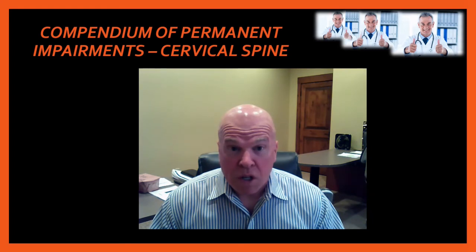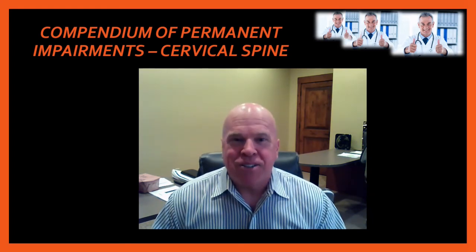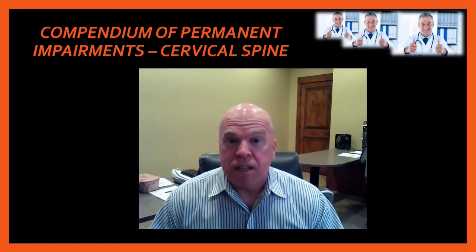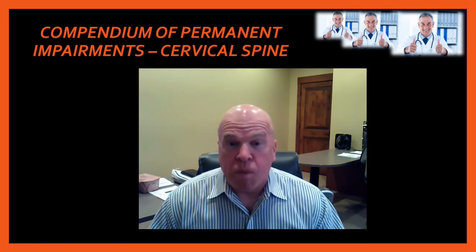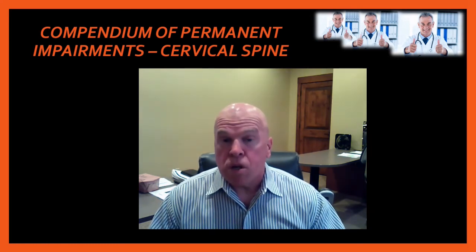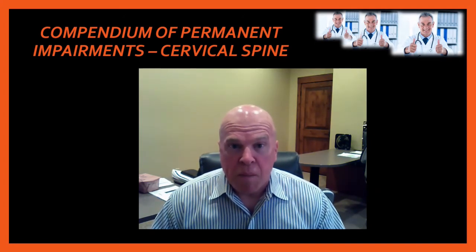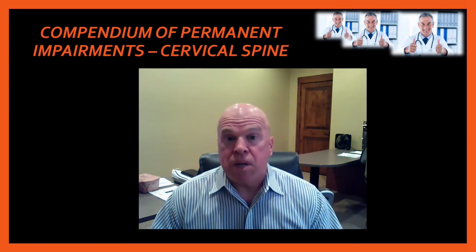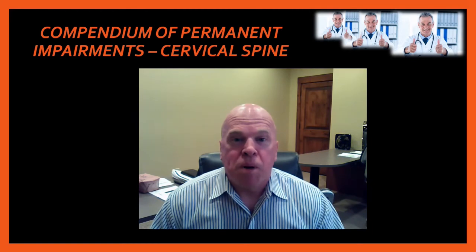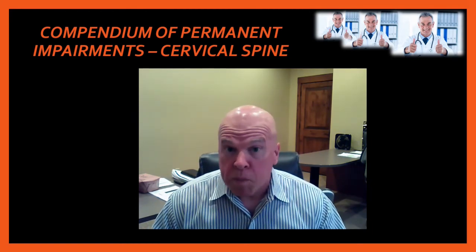So anguish and deliberate no more, because I've already done all the anguish and deliberating and pondering and agonizing over permanent impairment arguments for you. Now you can simply go to the Compendium of Permanent Impairments, select the cervical spine impairment that most closely matches your examinee's current condition, and simply cut and paste the permanent impairment argument from the compendium into your report.